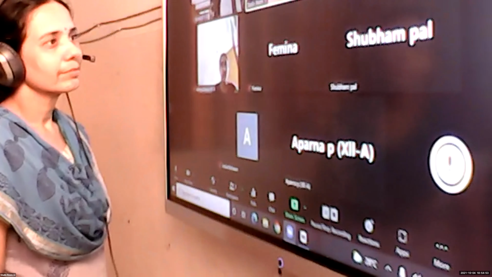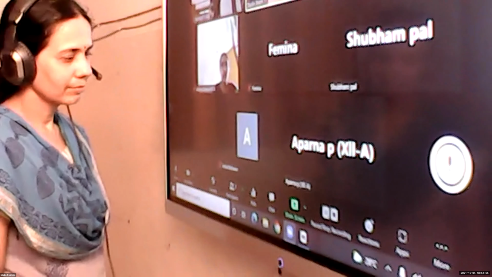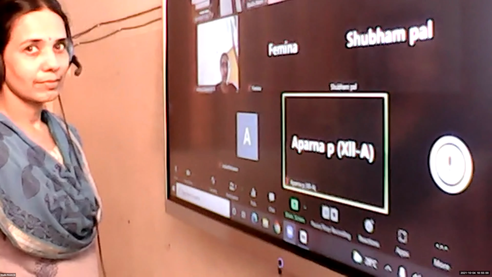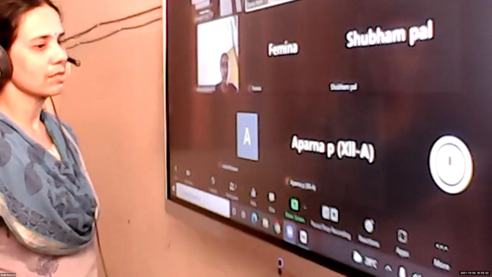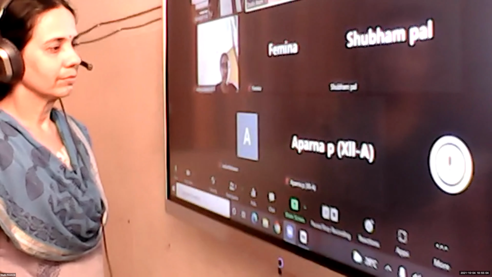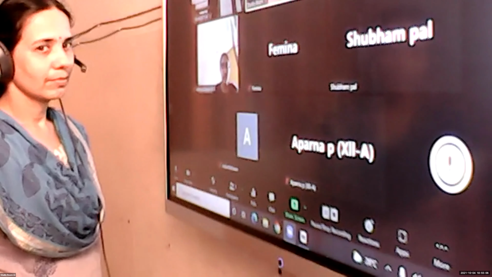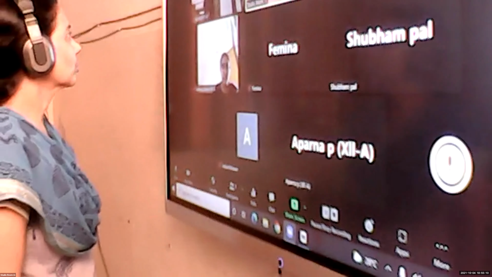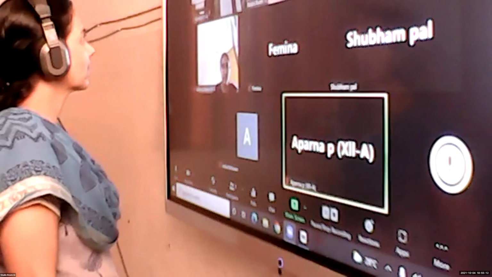Aparna, cost function is? No, okay. Then Karthik, try your answer. Ma'am, x square plus 2x plus 5,000.